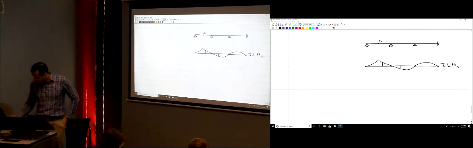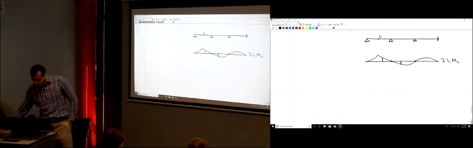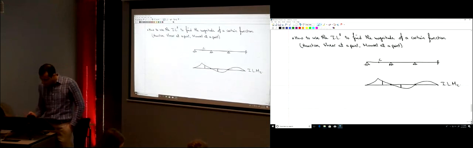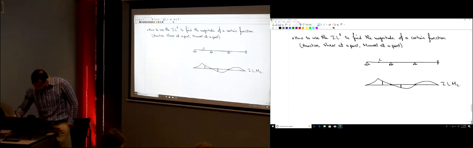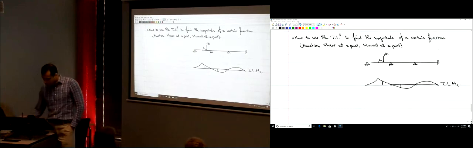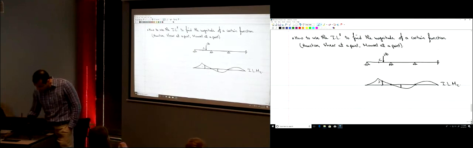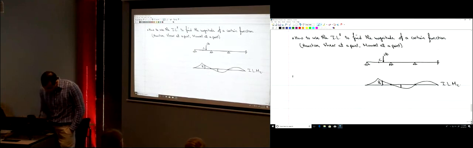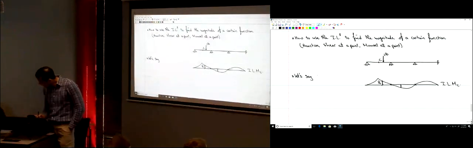So now, let's say you have a problem where we have 1 pound over here, and let's say this height is H1.